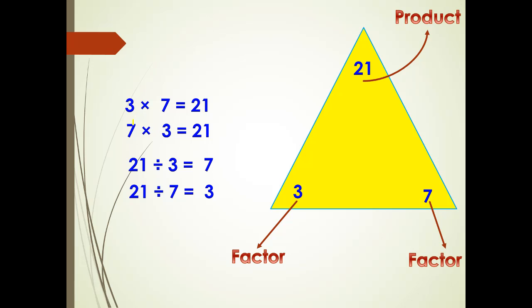I can exchange: 7 times 3 equals 21. Okay, this is what, teacher? The family of number 21, my students. So I can make 21 divided by 3, the result will be 7. Or I can say 21 divided by 7 equals what? Equals 3, okay? This is the family of number 21.